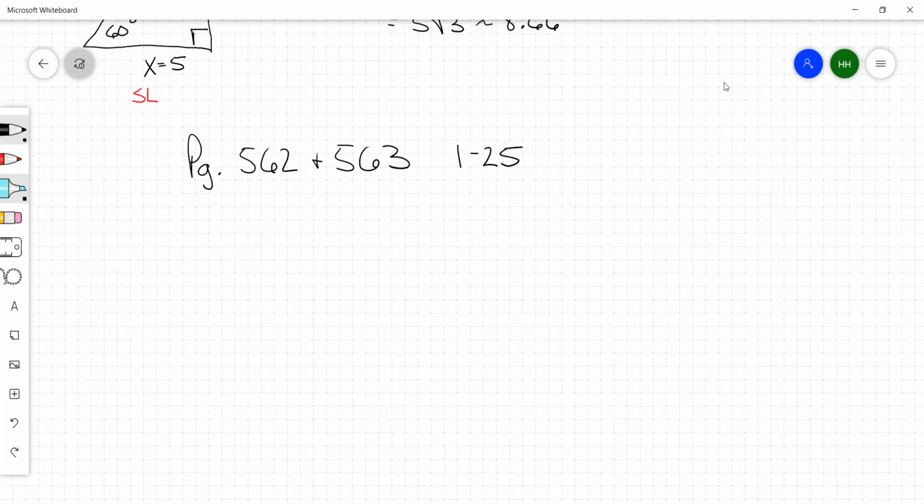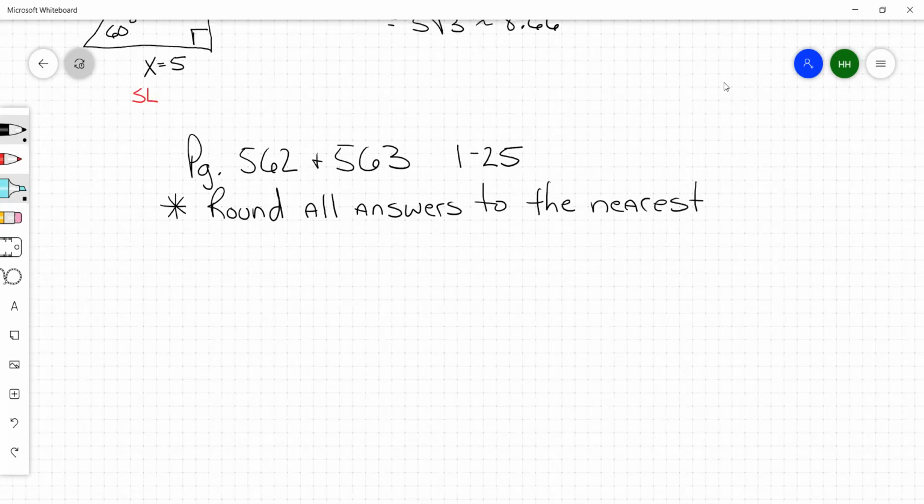Now, real important right here. Round all answers to the nearest hundredth. That's 2 decimal places. Round everything 2 decimal places.